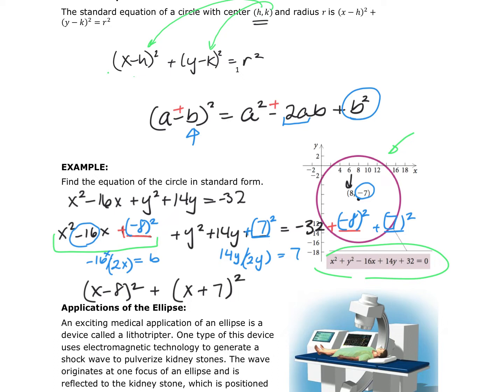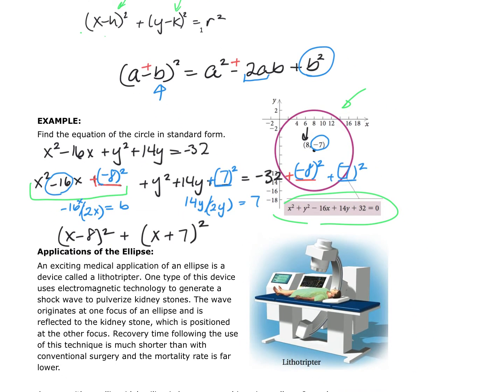positive 8 there. Well, remember, this goes back to the transformations of graphs. If we think about the fact that if I had x squared, just as an example, so let's go over here and do this example. If this was my function, f of x is equal to x squared, we know that this looks like this. The vertex of that, well, conic, actually, but we'll talk about this later, that conic is going to go through the point 0, 0.